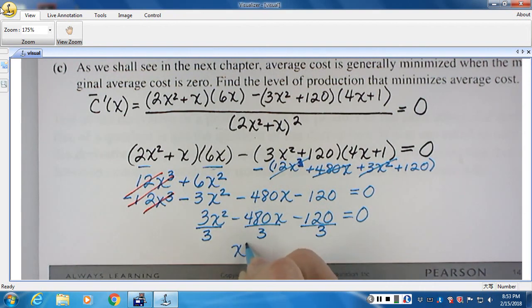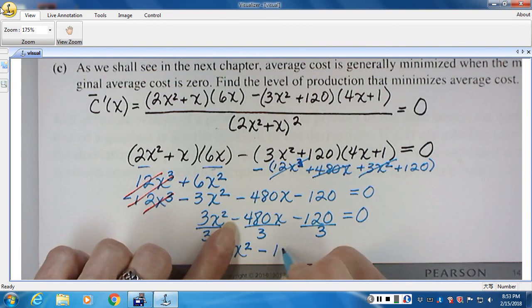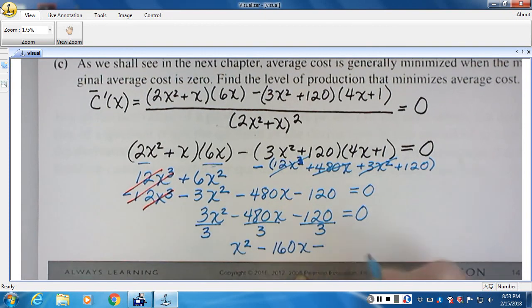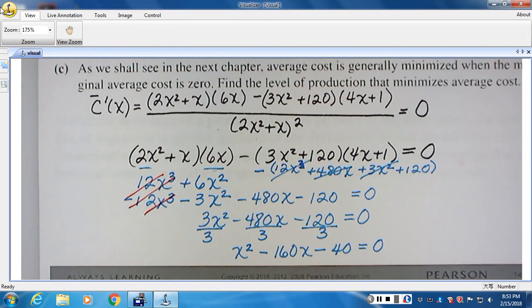So that leaves me with x squared minus, let's see, 160x minus, 3 goes into 120 40 times, equals 0. Now, if you want to fool with factoring it, have at it. My 1630 students don't like factoring. But the quadratic formula works every time. We can do it by the quadratic formula.